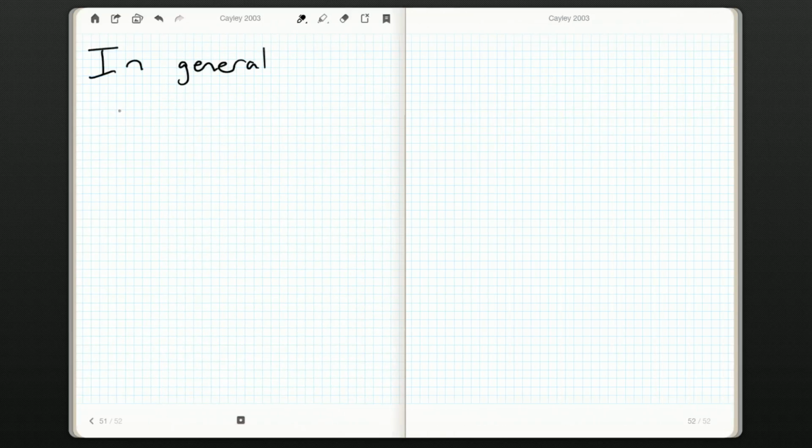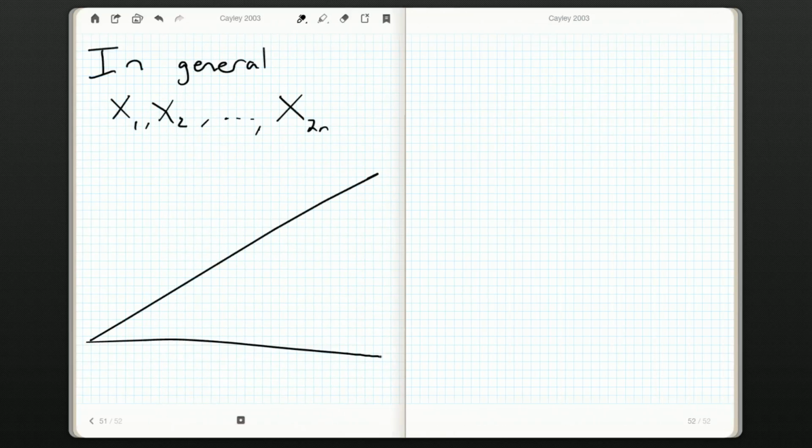if we have x1, x2, all the way up to x2n, we'll have our A and our B, and we'll start with red dot, and then we'll have xn. We'll just assume it's odd for now. It'll be the reverse picture if it weren't odd.